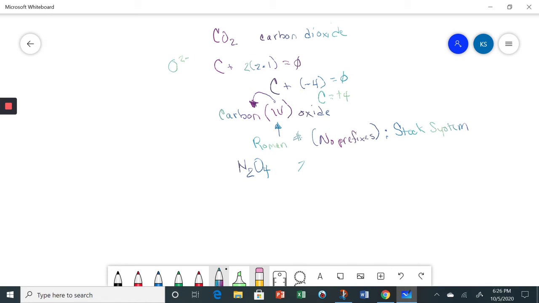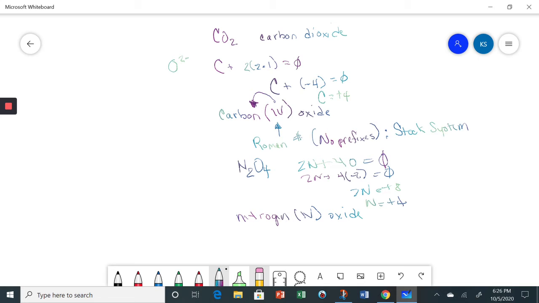I've got 2 nitrogens plus 4 oxygens, and they have to add up to 0 because it's a compound. 2 N's plus 4 times a minus 2 will give me 0. 2 N's give me a positive 8. Each N has a plus 4. I'll show you a cheat method. So this would be nitrogen 4 oxide.